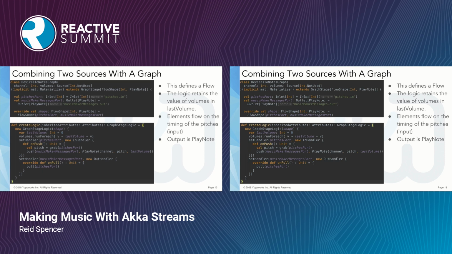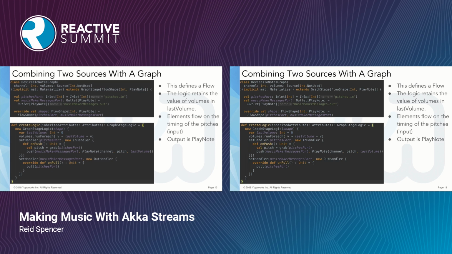So there's two set handler calls, one for pitches port and one for Music Maker messages port. Pitches port is the input, Music Maker messages port is the output. Therefore, we use new in handler and new out handler. They have specific methods that you must override. In the case of an in handler, you override on push.